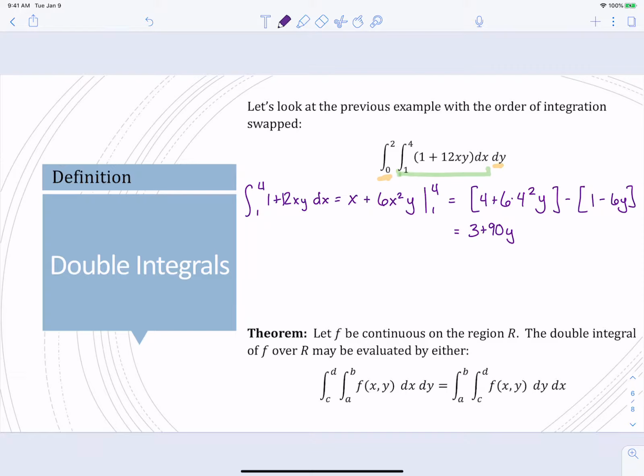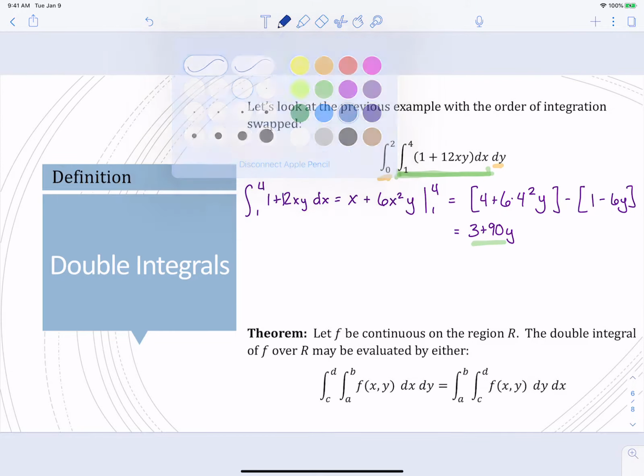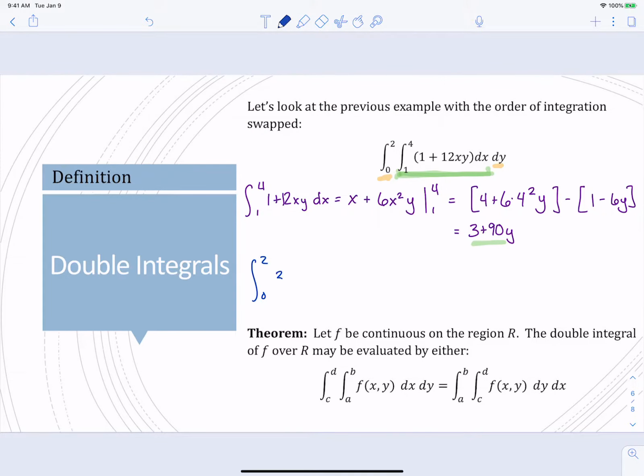And now we can take our answer here and plug it in for our green underlined integral. So we're going to now have the integral from 0 to 2 of 3 plus 90y dy. So we're going to get 3y plus 45y squared from 0 to 2.